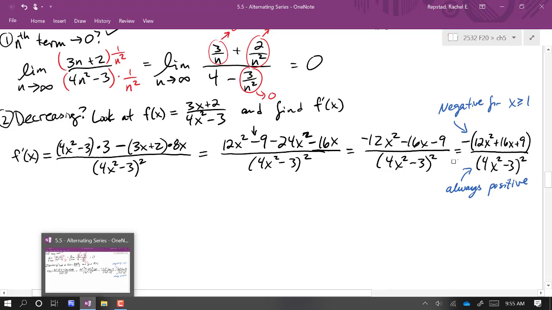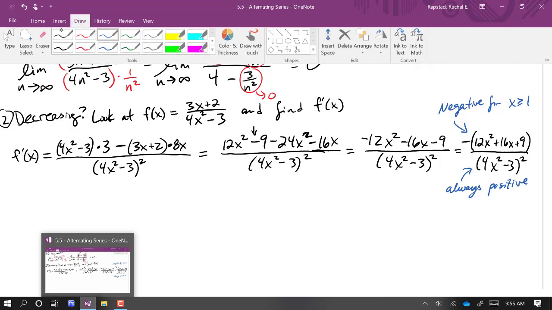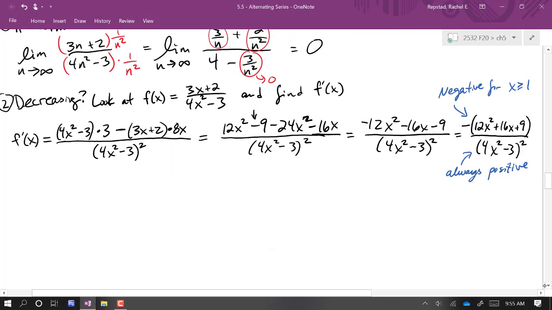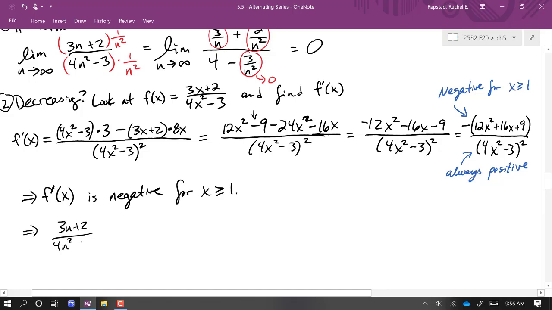This derivative will be negative for these values of x, which means that f prime of x is negative for x greater than or equal to 1, which means that (3n plus 2) over (4n squared minus 3) is decreasing.